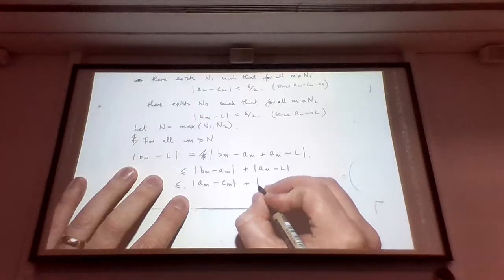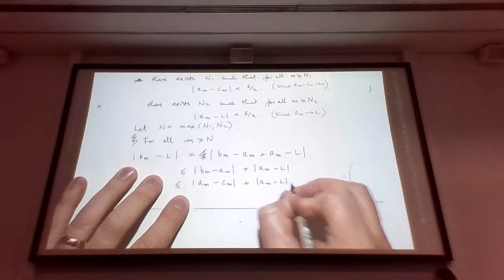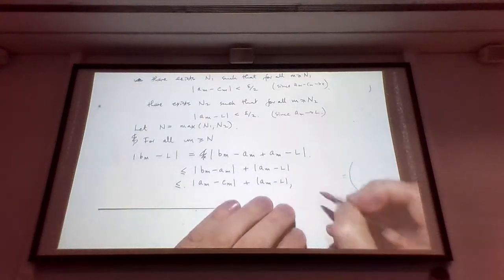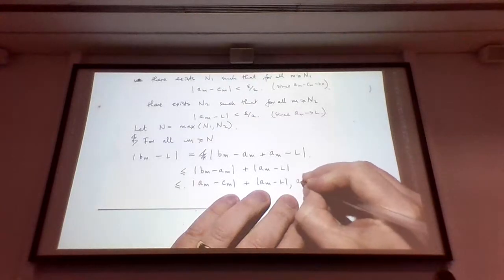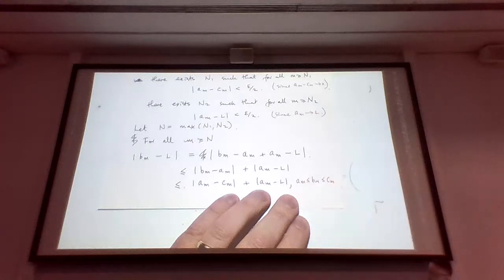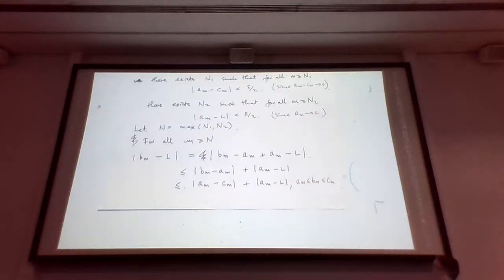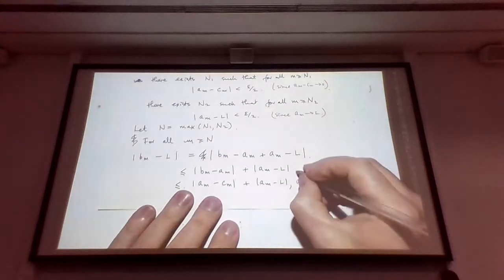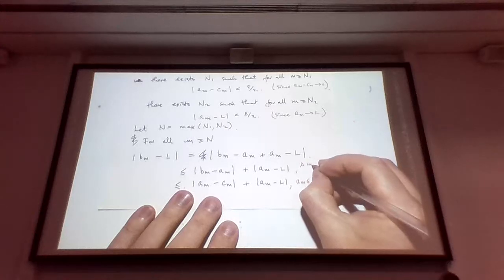So this is still Am minus L. So this is true since Am is less than or equal to Bm is less than or equal to Cm. So the distance between Bm and Am is less than the distance from Am to Cm. This is just the triangle inequality.